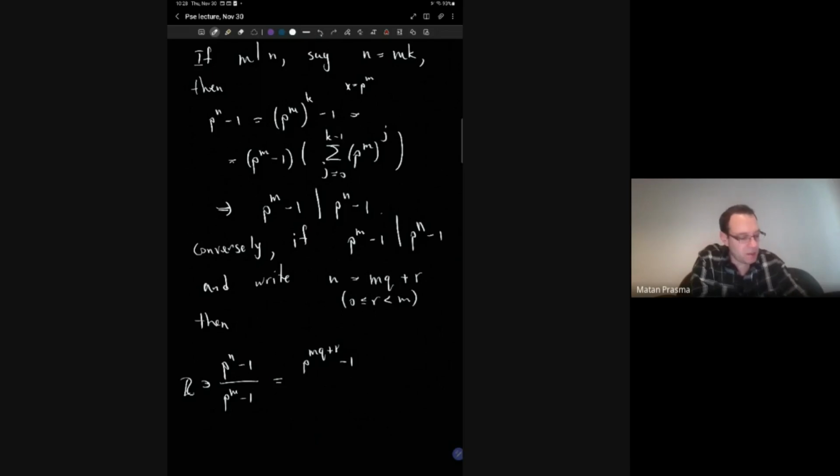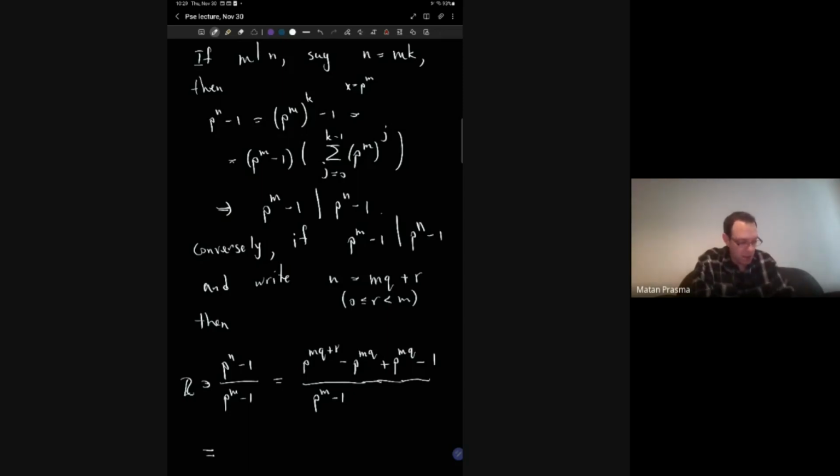Or let me write it slightly differently. Here I have p to the m minus 1 and p to the mq plus r minus p to the mq plus p to the mq minus 1.